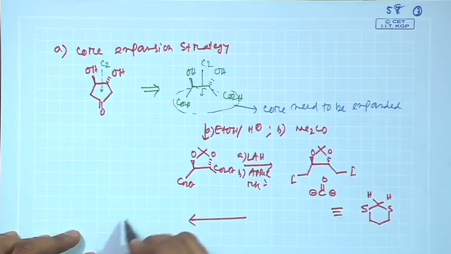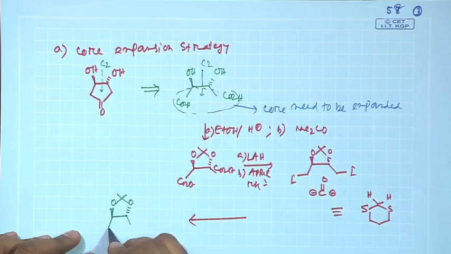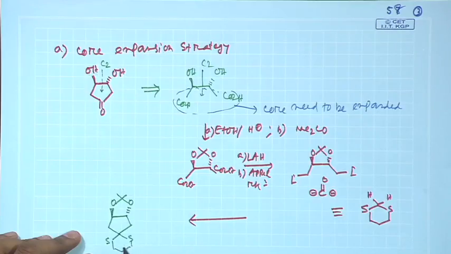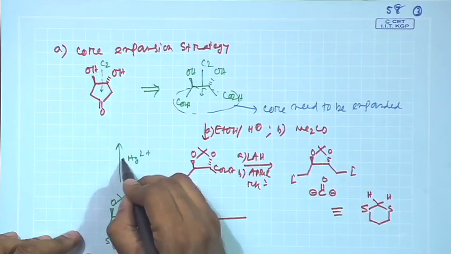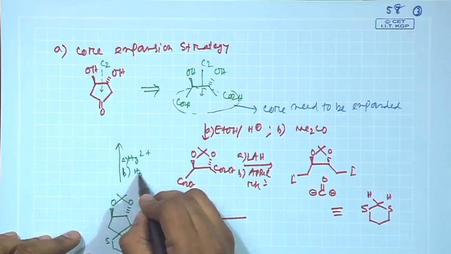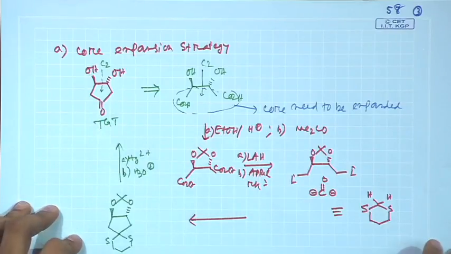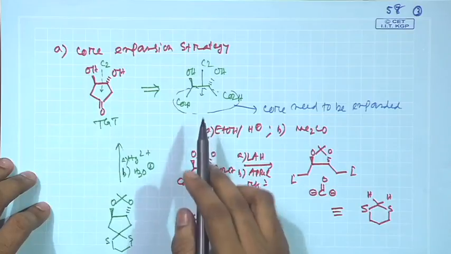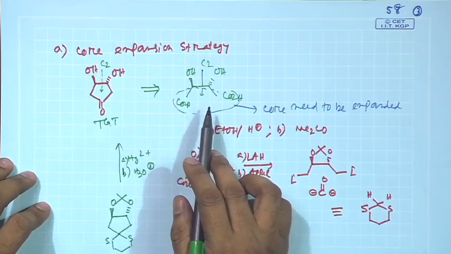After this alkylation, your synthesis will be almost complete. The only thing is you need to remove the dithiane group by Hg2 plus first, and then you remove the acetonide protection by acidic treatment, and you get your target molecule. So, this is in principle the core expansion strategy, and C2 symmetry remains intact.